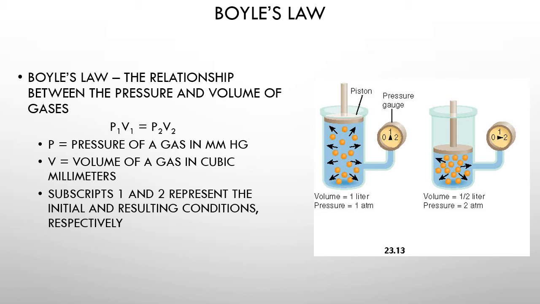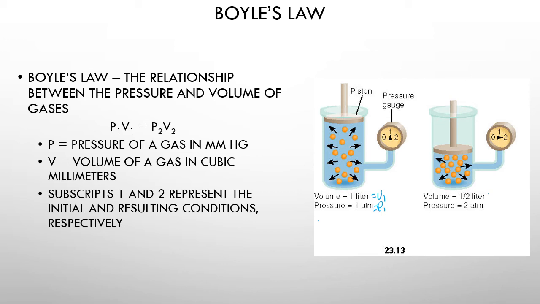Boyle's law looks at the amount of pressure in a given space, for a given volume. It's the pressure and volume relationship between one another. We have a pressure in our first scenario, the pressure here is 1 atmosphere, so that's P1 and V1.